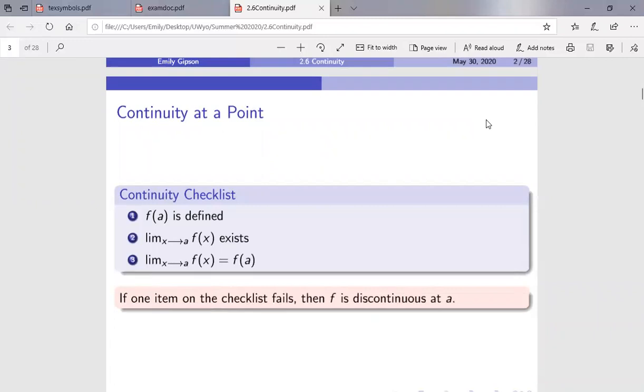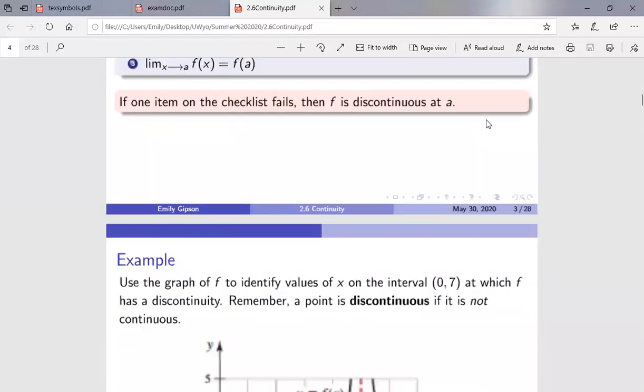The limit has to exist and it has to equal our function at a. So if one item on our checklist fails, then f is considered discontinuous at a. So anytime we have an open circle and then a bubbled in point somewhere else is considered a discontinuity. Anytime we have an open bubble but nothing defined anywhere, we've got a discontinuity.